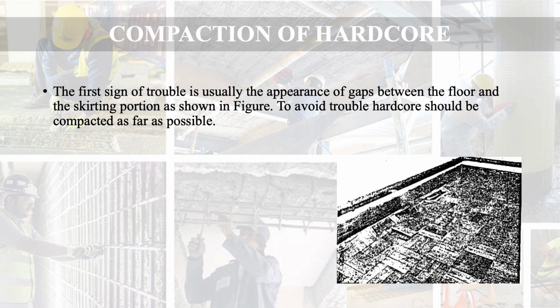The first sign of trouble is usually the appearance of gaps between the floor and the skirting, as you see in this figure, where the floor and the skirting are now separated. There is a depression in the floor. To avoid trouble, hardcore should be compacted as far as possible, because if proper compaction is there, such problems will not arise.